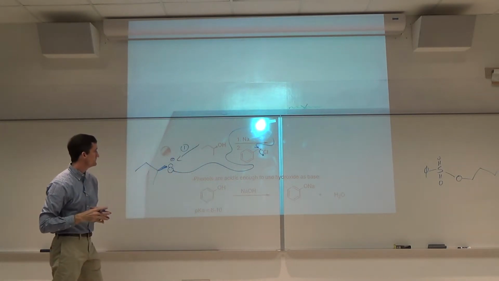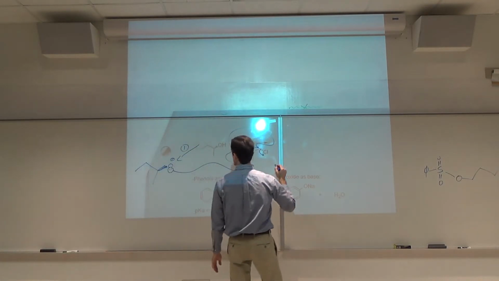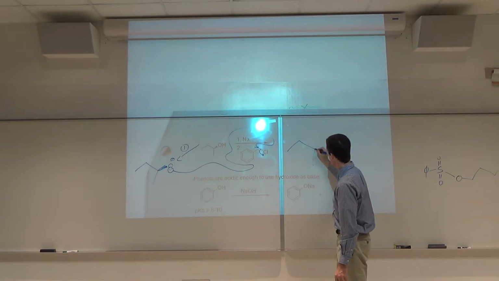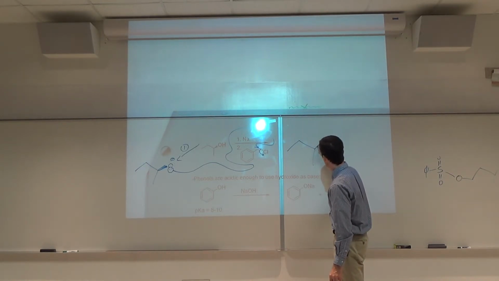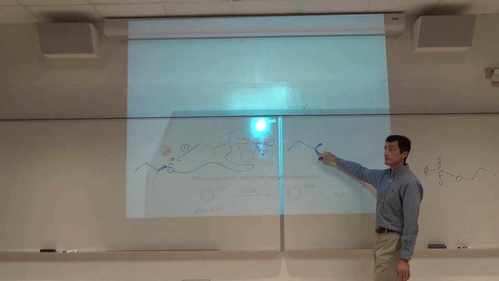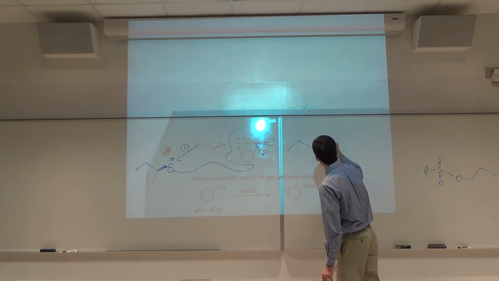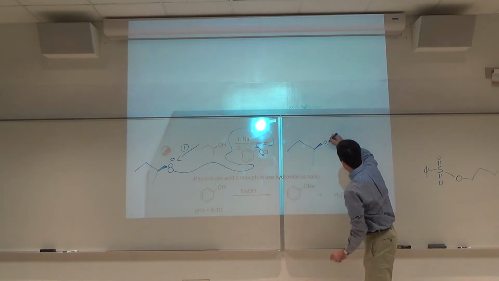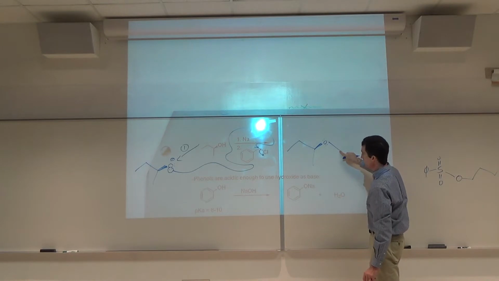What do we get? Boom, boom, boom. Any change in this stereochemistry of this carbon? No. No, we did not do backside attack there. We did no chemistry there. Now this oxygen is bonded to that carbon, and that carbon is bonded to what?